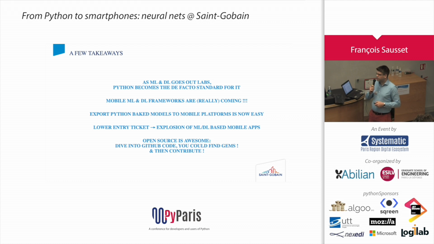And you don't need a fancy startup that will tell you how to do some machine learning and deep learning in your application by using their closed source framework. You could do it by yourself or by working with people doing machine learning, but using some open source models. And so there will be much more use of deep learning and machine learning in mobile apps.